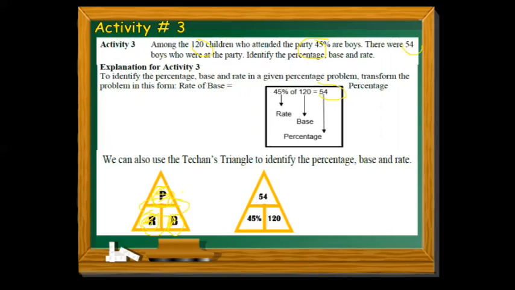So kapag tandaan nyo lang yung P over R and B, yan lang yun. Kapag nawawala yung base, so P divide R lang tayo. Percentage divide rate lang. Kapag nawawala naman yung R, so percentage divide base is equal to rate. Kapag nawawala naman yung percentage, so you will just multiply rate to base, yun na yung makukuha na. So, kagaya nito, 54 divide 45% is 120. 45% times 120 is 54.